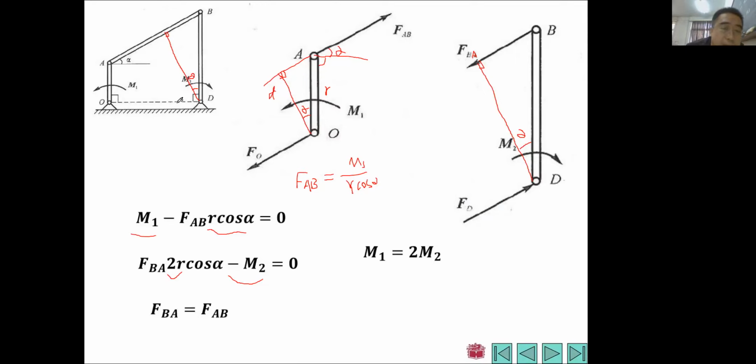Can you guys figure out why this angle is alpha? If anyone can answer my question, why is this angle alpha?